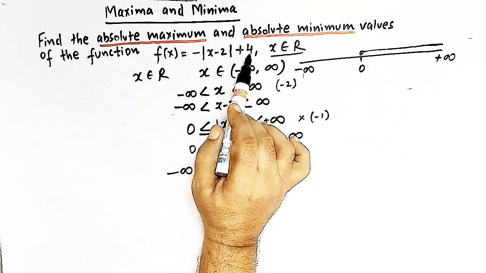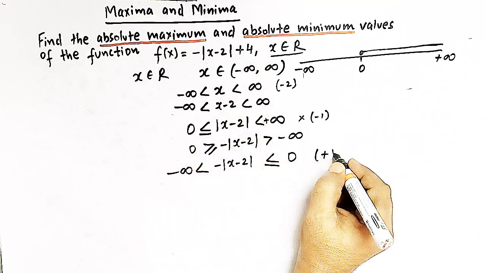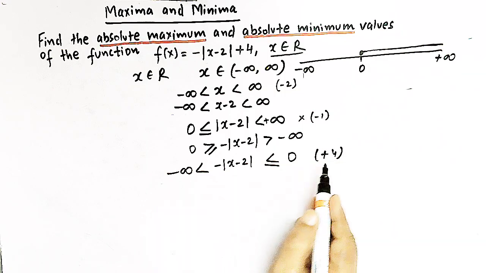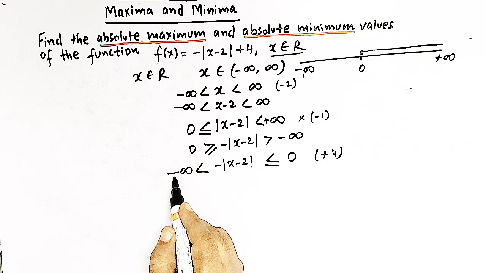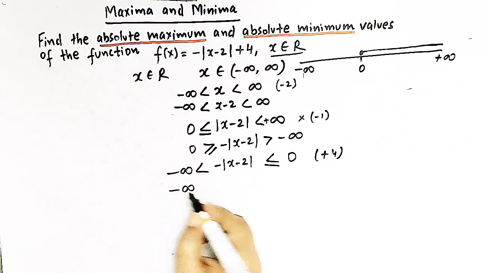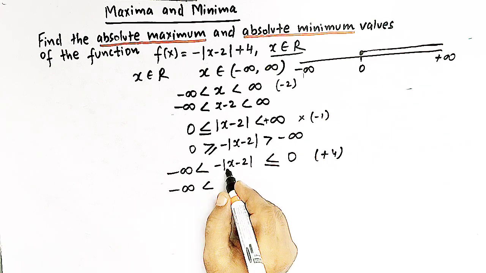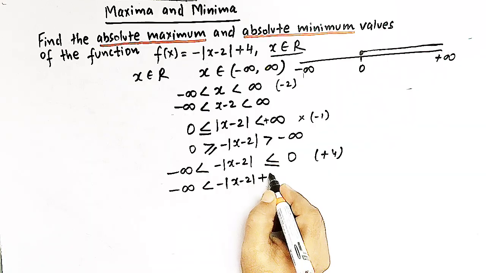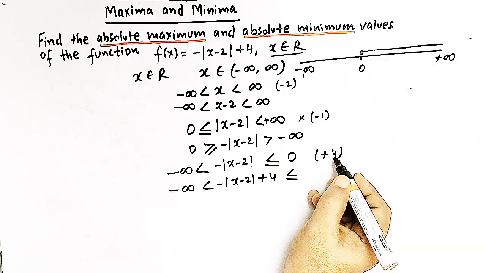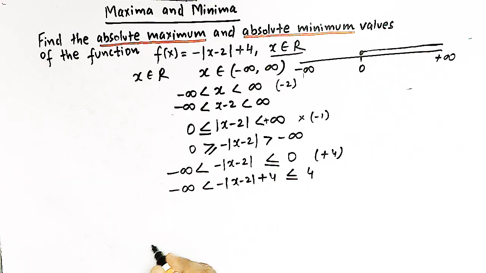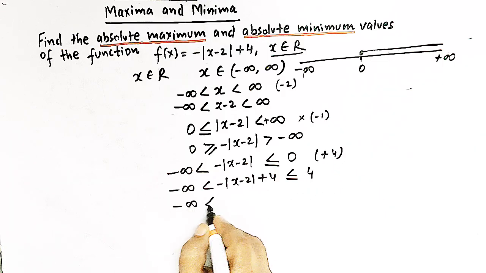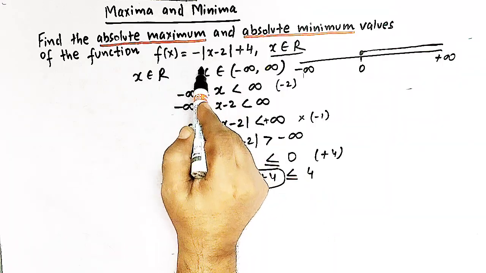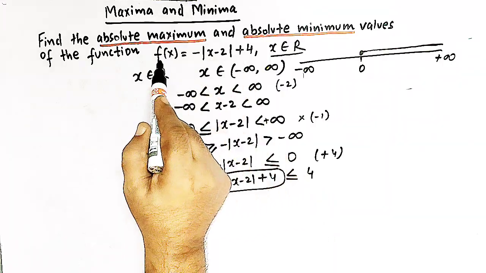And here we have plus 4. So let us add 4 throughout this inequality. When we add 4 to minus infinity, we again get minus infinity here, and here we have minus mod of x minus 2 plus 4, and here we have 0 plus 4 is 4, and this is our function, negative of mod of x minus 2 plus 4, as f of x.